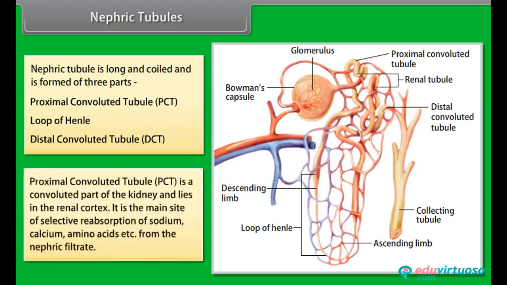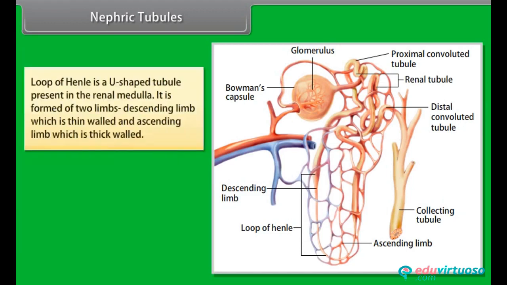Proximal convoluted tubule PCT is a convoluted part of the kidney and lies in the renal cortex. It is the main site of selective reabsorption of sodium, calcium, amino acids, etc. from the nephric filtrate.